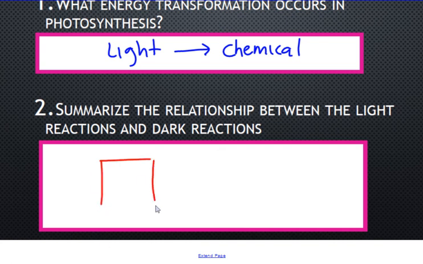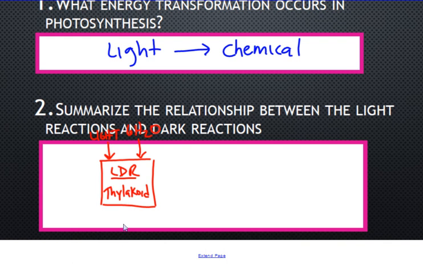So, let's draw them out. We have our LDR, and this is in the thylakoid. What we have here is light is needed. We also need 6 molecules of water.